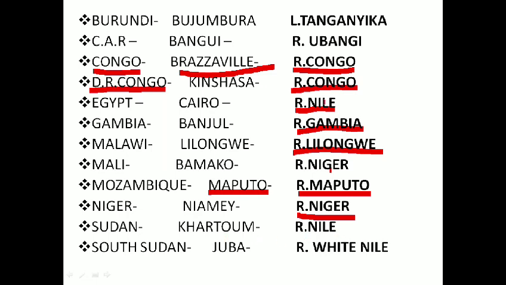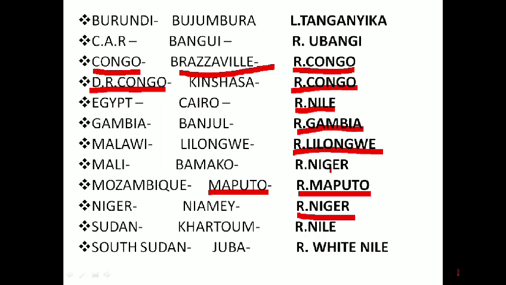So here we have river Nile, Cairo, and Khartoum also on river Nile. And interestingly, South Sudan capital Juba is also on Nile, but that is White Nile, a part of the river Nile. So if you take White Nile also as a part of river Nile, then three capital cities are connected by river Nile. River Congo connects two capitals, river Niger connects two capital cities.